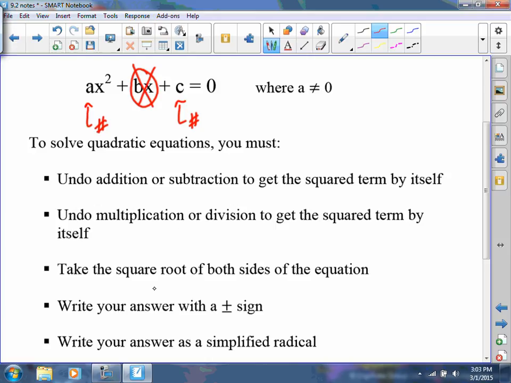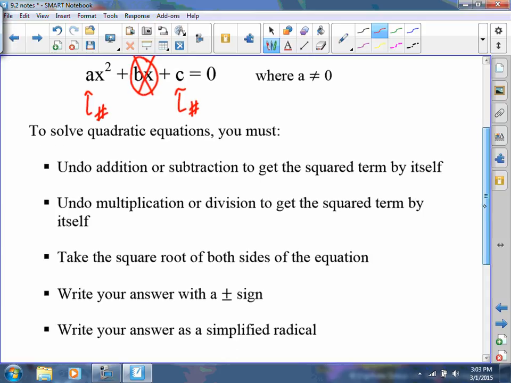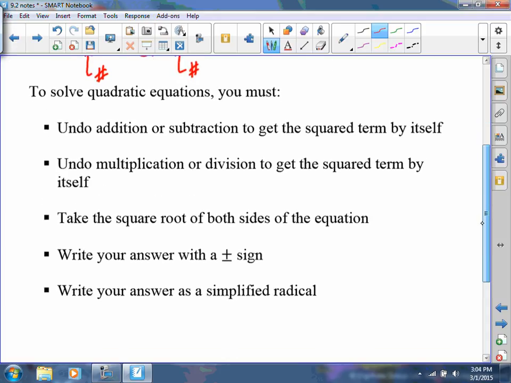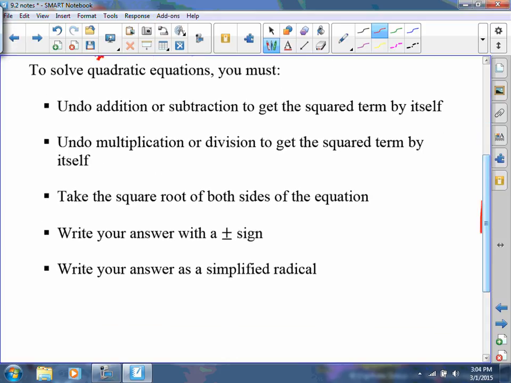Then we're going to take the square root of both sides, because that's how we get rid of that squared on the x. Remember, when you take the square root of both sides, you technically get two answers, so we're going to write our answer with a plus or minus sign in front of it. And if we have a radical as an answer, meaning a square root, we're going to have to simplify it as much as we can.